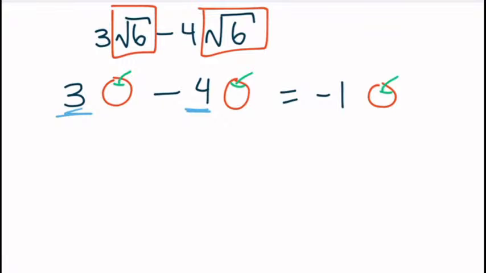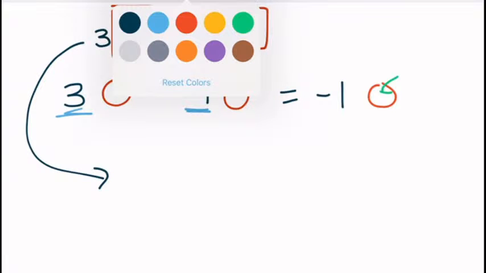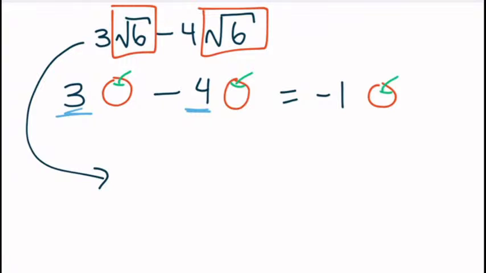So if I move this problem down here, all you have to do is focus on the coefficients of the radicals rather than the actual radicals itself. So when you do 3 times radical 6 minus 4 times radical 6, just as we did with the apples, we just subtract 4 from 3 first and then add on the unit of measurement, or the radical, afterwards.